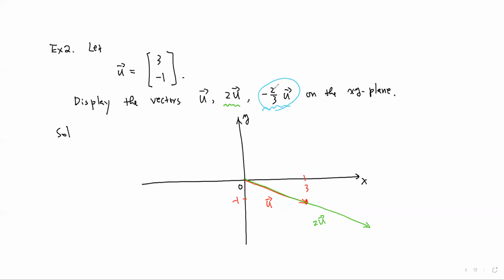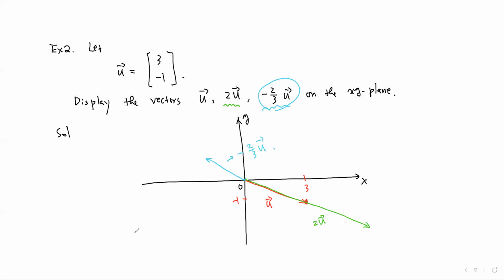The length is 2/3 of the length of vector u. So from this point to this point is the length of vector u. So 2/3 of the length about here. Opposite direction about here. Yeah. So this arrow is negative 2/3 times u.